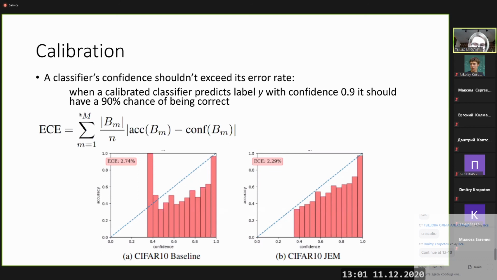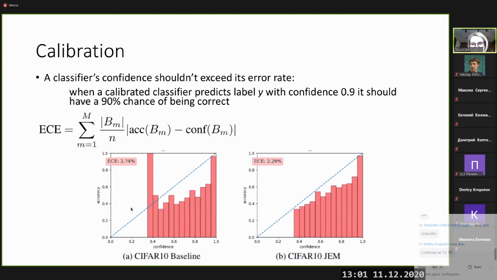For example, the low probabilities are put together into one bin and the high probabilities into the other. And this is how the expected calibration error is computed.